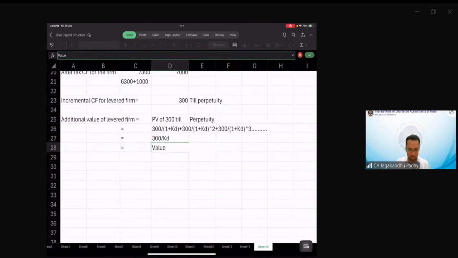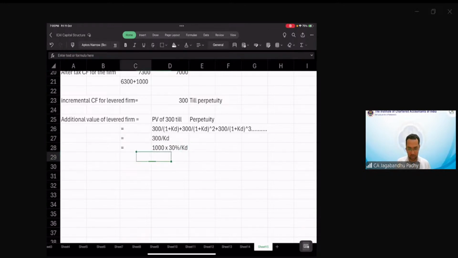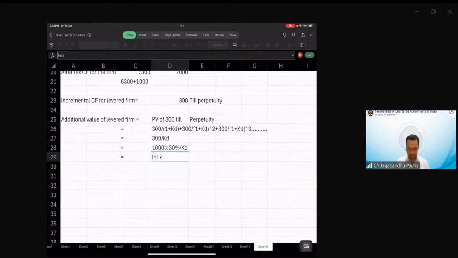So 300 was actually 1000 multiplied by 30%, and of course this divided by KD. Now this 1000 was interest multiplied by tax, and then this entire expression is divided by KD.